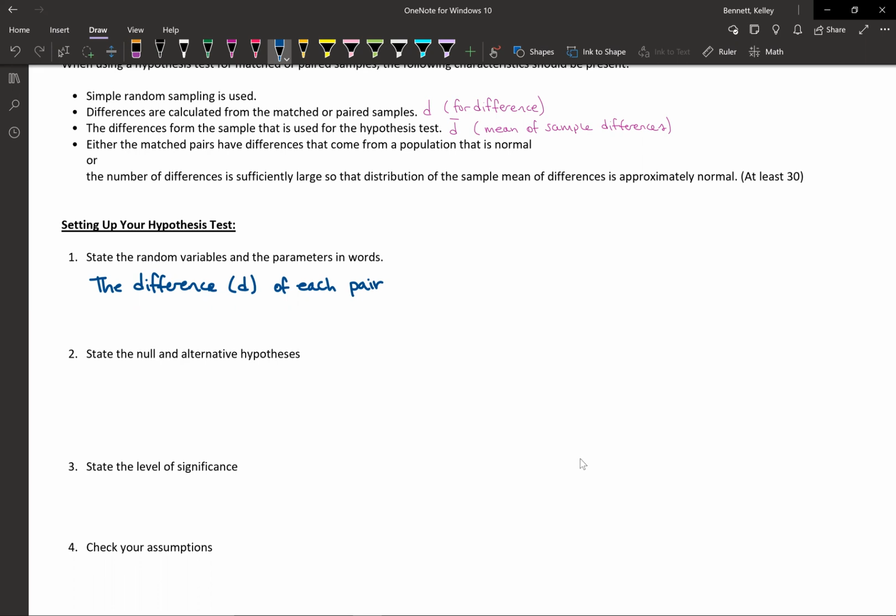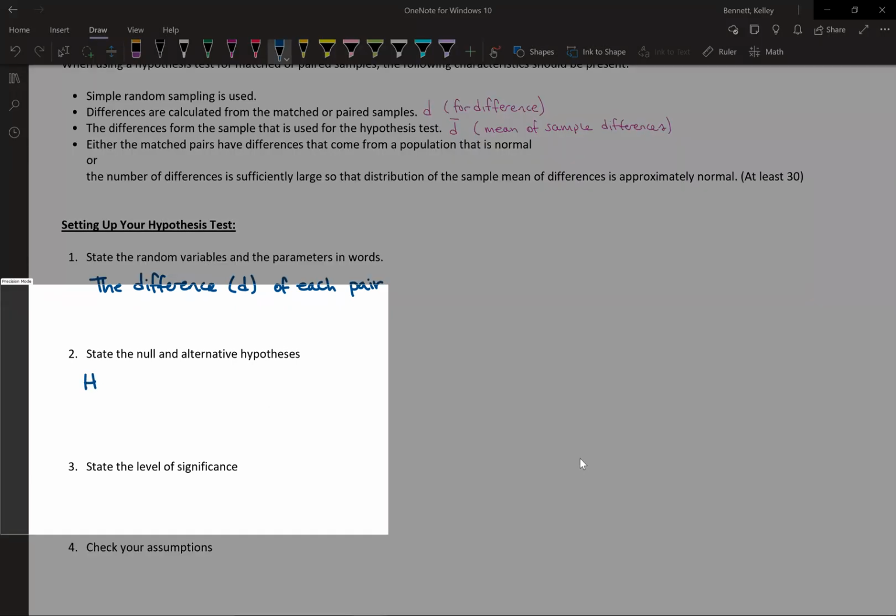The null and alternative hypotheses. Okay, now we're going to change things up because in the independent samples case, we always assumed that there's no difference, that mu1 is equal to mu2 or p1 was equal to p2. In this case, we don't necessarily have that. There's going to be a lot of times when we assume that it's 0, but it's not necessary. So the null hypothesis is always going to be mu d.